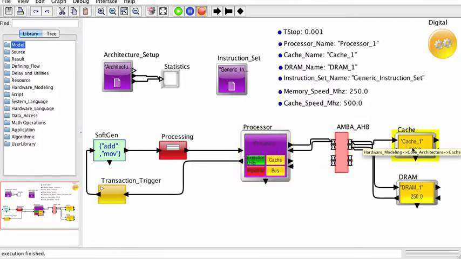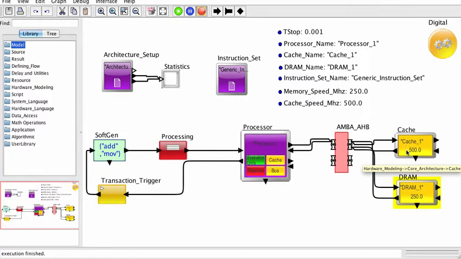Now, on the other hand, if it results in a cache miss, namely the randomly generated number is greater than the overall probability of a cache hit, then the transaction will be sent back over the bus and sent to DRAM, where it will be serviced by the DRAM.